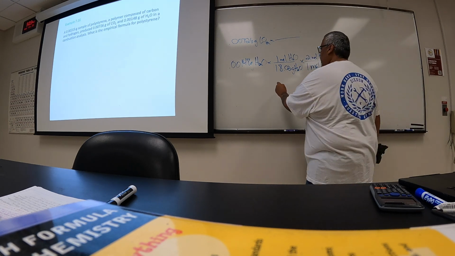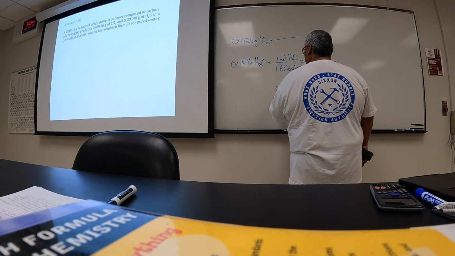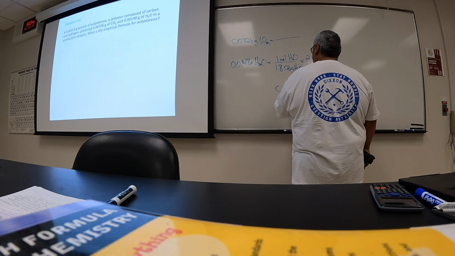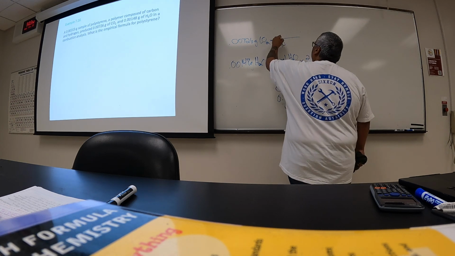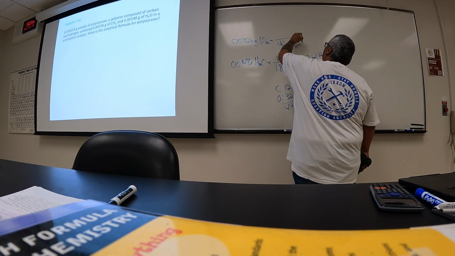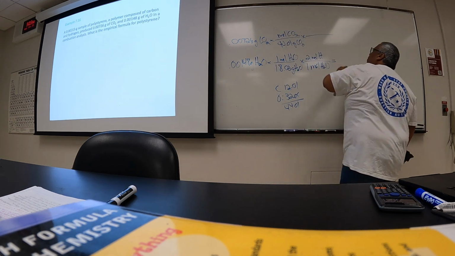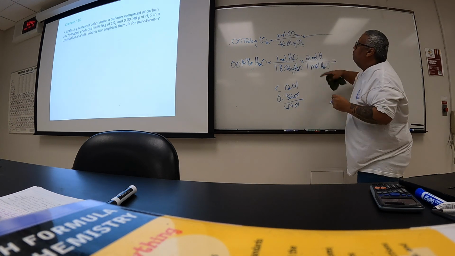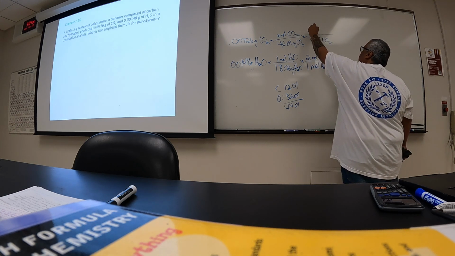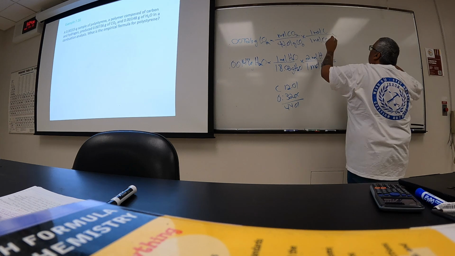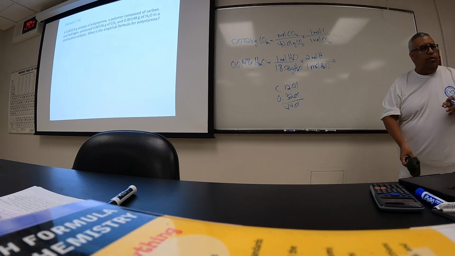We'll work on this one over here. So we have 12.01. Oxygen is going to be 32. 44.01 grams of CO2 for every mole of CO2. The stoichiometric factor between carbon and carbon dioxide: for every mole of carbon dioxide, there's 1 mole of carbon. All right. So how many moles of carbon do we have?